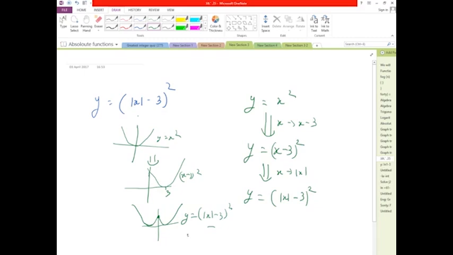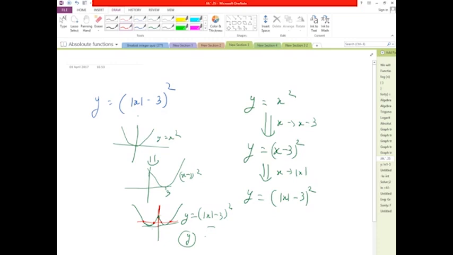So you can see that it's these values. Here there are 4 values of x, right? So you can very easily say that for these values of y, there will be 4 values of x. For other values of y, there will only be 2 values of x. So such questions can be very easily answered using graphs.